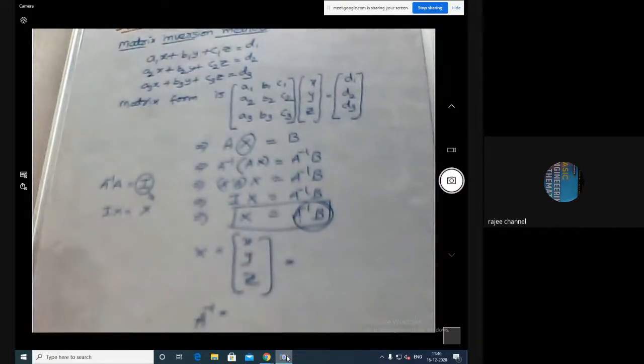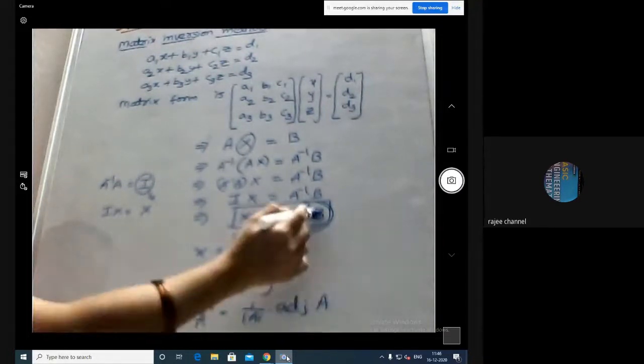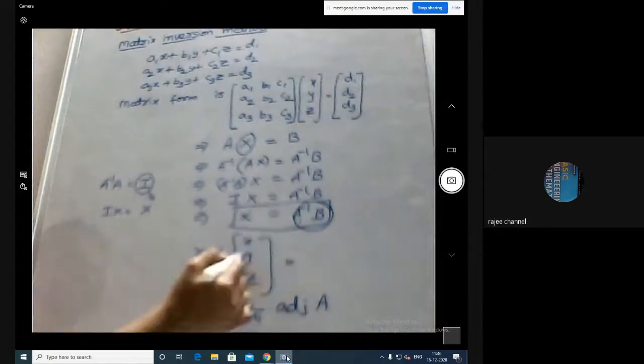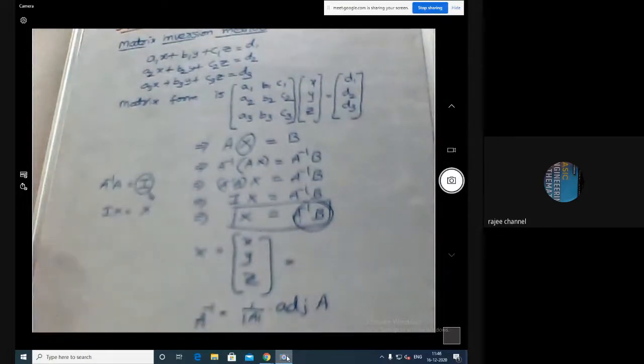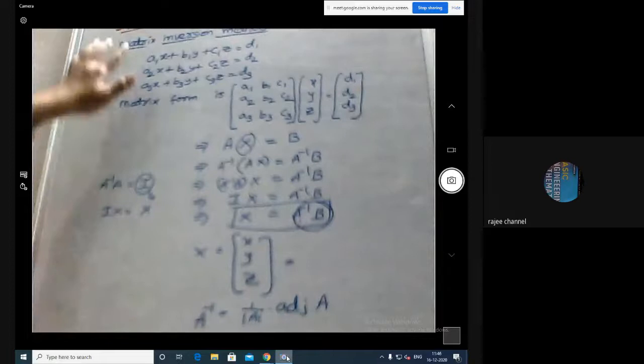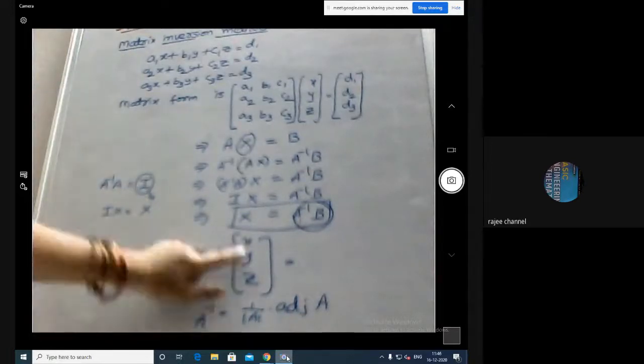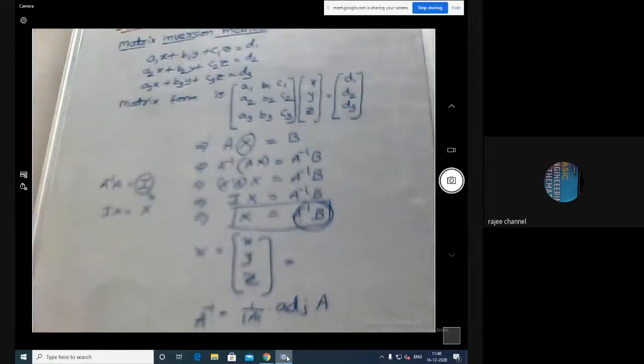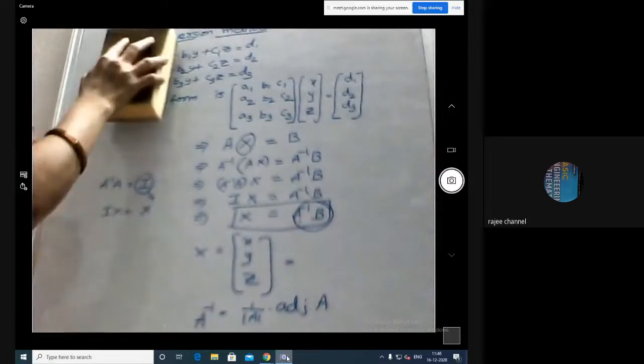A inverse is 1 by determinant A into adjoint A. We find the inverse using this formula, and then A inverse and B are multiplied. Then we get the x, y, z values. This is the matrix inversion method. Now we can look at the problems.